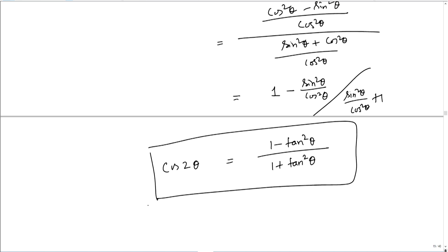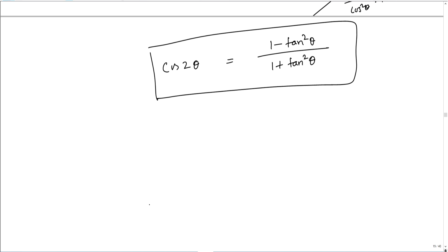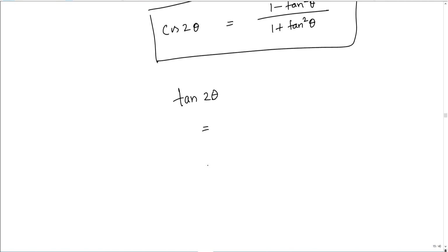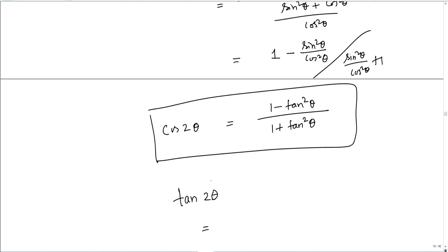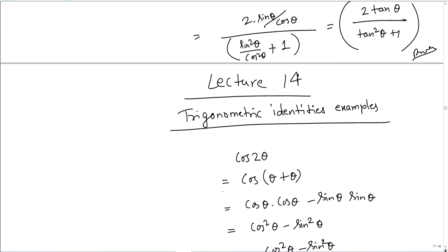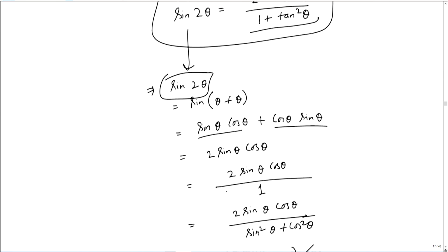So, we have derived sin 2 theta and cos 2 theta. What if I ask you to derive tan 2 theta, the tangent of 2 theta? I have not told you the identity for tan 2 theta, I think, or if I have, I do not remember.